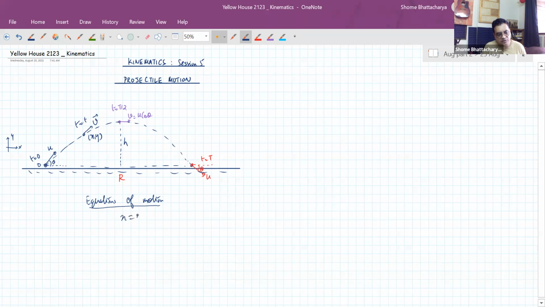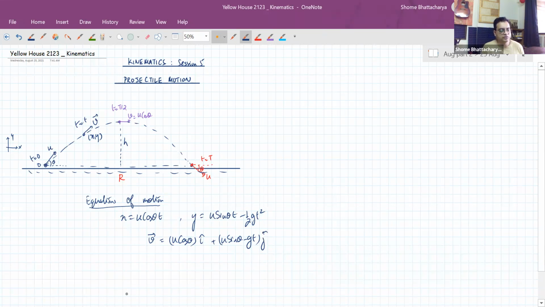The x coordinate is horizontal velocity into time, whereas the y coordinate is u sine theta t minus half g t square. And the velocity vector is such that the horizontal component is constant and the vertical component has a uniform acceleration of minus g.